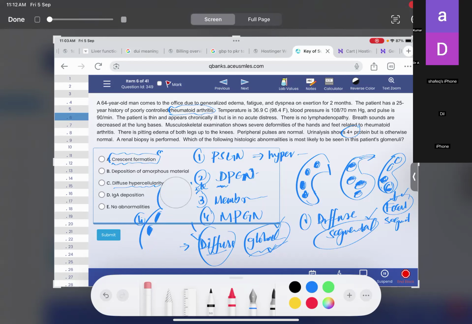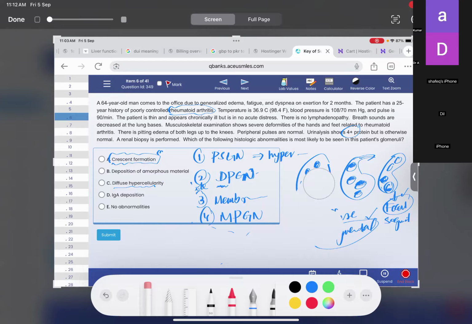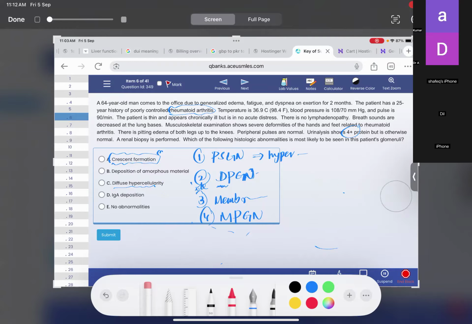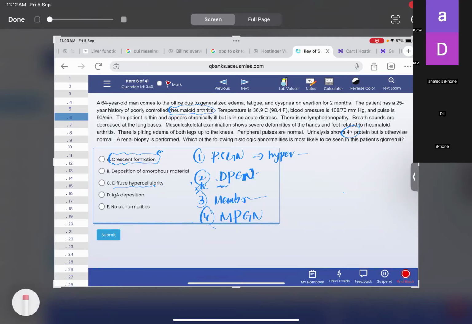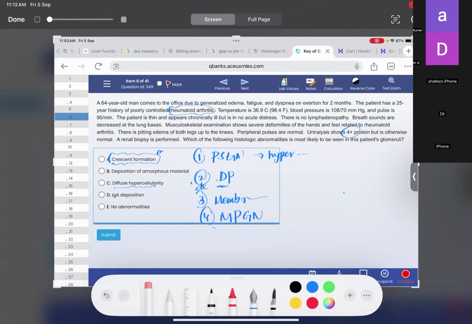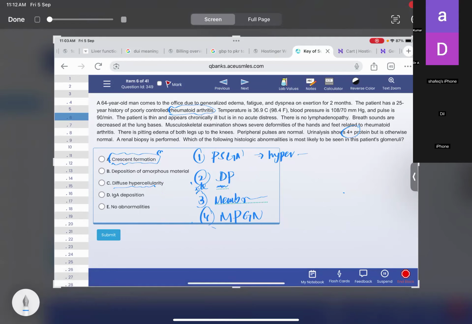So what was the question? What were we discussing? Hypercellularity. So these are the four conditions that would cause hypercellularity. In post-streptococcal and membranous we don't have hypercellularity.